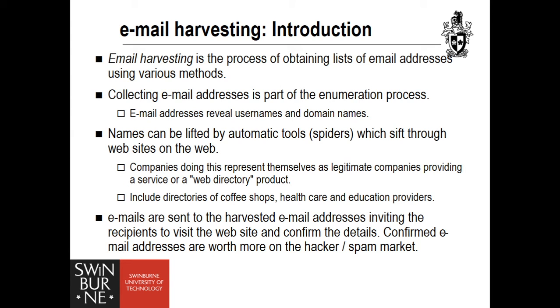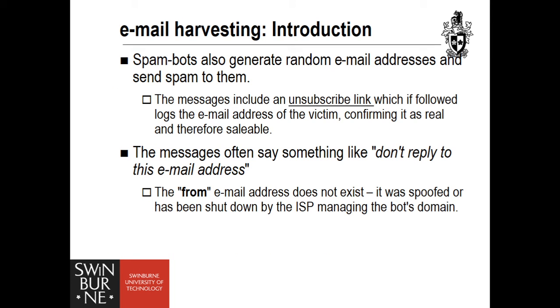Emails are sent to harvest email addresses, inviting the recipient to visit the website and confirm the details. Confirmed email addresses are worth more on the hacker or spam market. Spam bots also generate random email addresses and send spam to them. The message often says something like, "Don't reply to this email address."